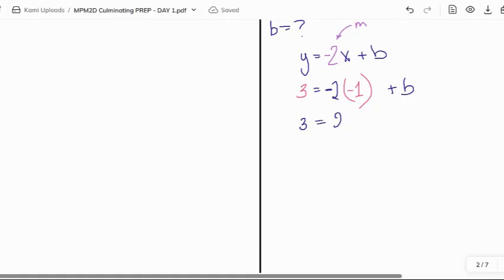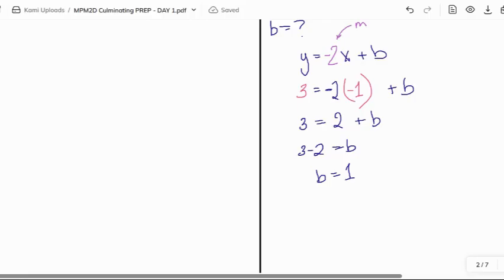So 3 equals positive 2 plus b. Right? I'm simplifying using the rules of BEDMAS, the order of operations. So bring the 2 to the other side. 3 minus 2 equals b. And so I get that b equals positive 1. Okay? Am I ready to write the equation of the line?